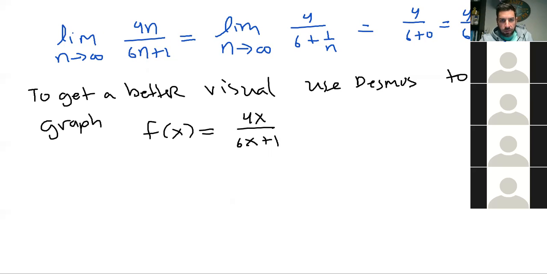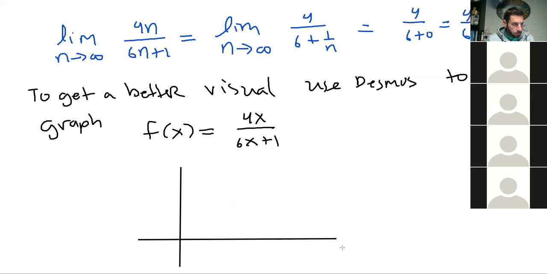I'm going to just do it in the O'Grady way here. So if this is my x and y axis, what does this function look like?